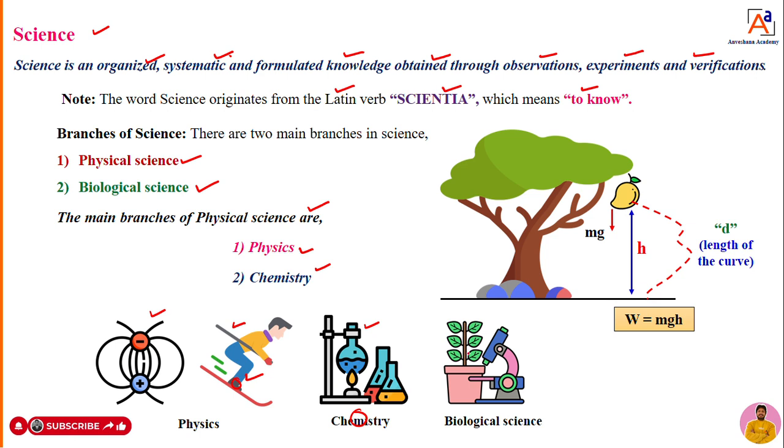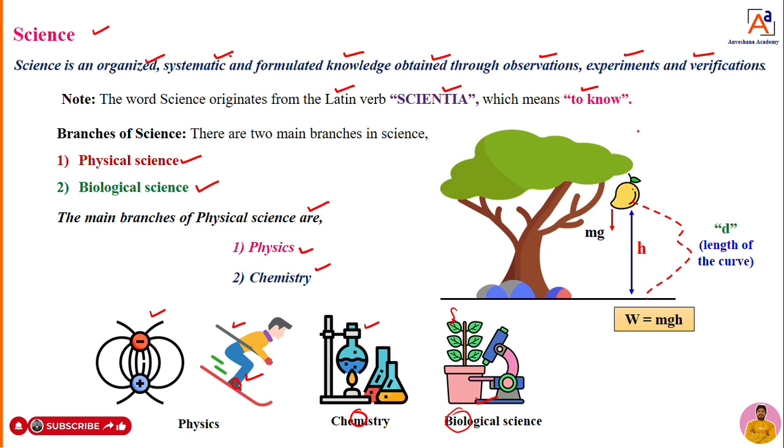If you want to do analysis on a plant, in the agriculture sector or horticulture sector, behind this analysis there is biological science. So it is having different branches when it comes to science. I told science is a systematic or organized way to earn the knowledge through observation, experiments and verification.